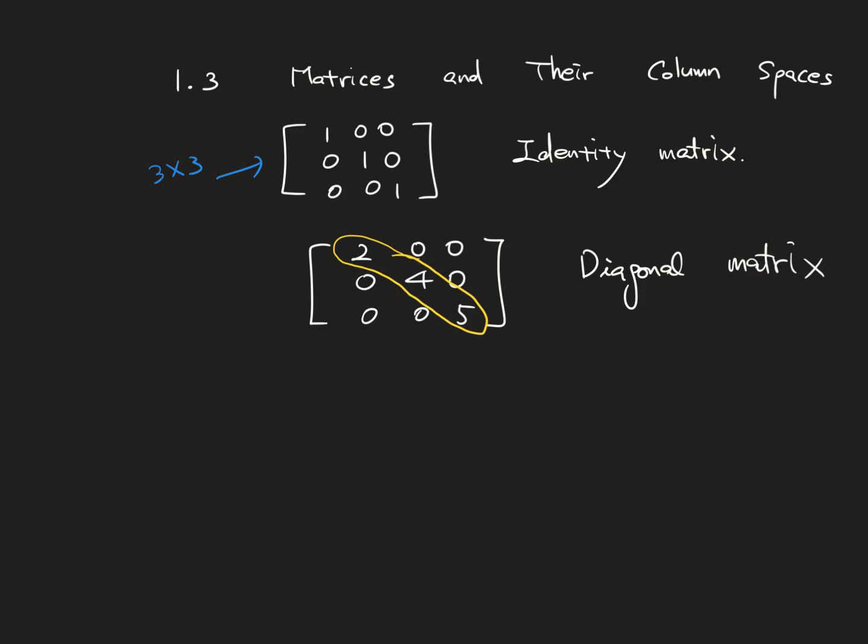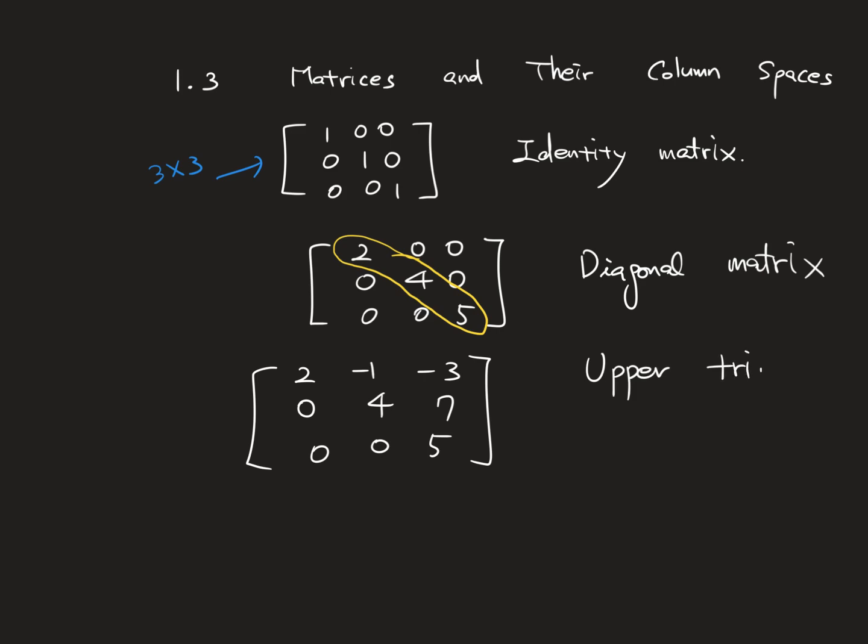And another terminology is if we have minus 3, 0, 4, 7, 0, 0, 5. In this case, we call this matrix an upper triangular matrix.